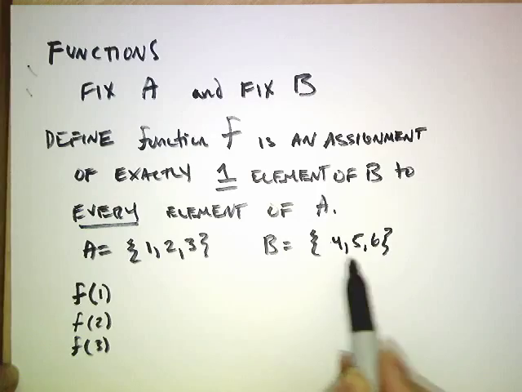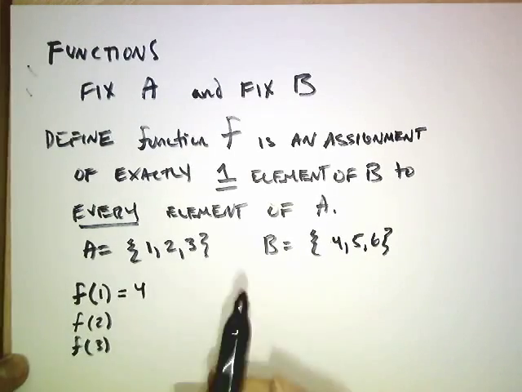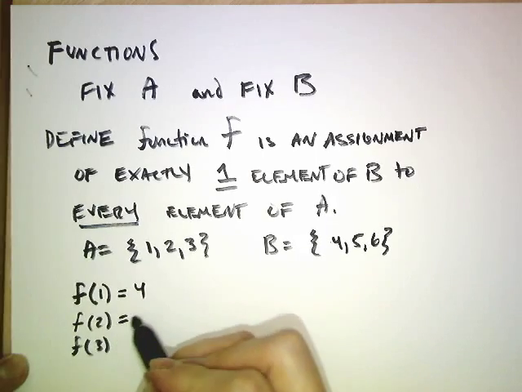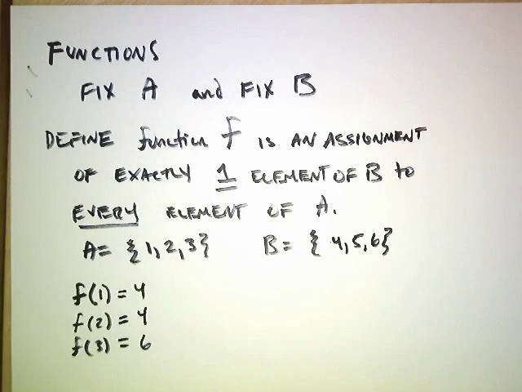So f of 1, well, we can pick any element of B that we'd like, so let's just choose 4. F of 2, let's say that that's 4 again. And f of 3, let's assign that 6. So this is a valid function, f, because it is an assignment of one element of B to every element of A. So f of 1 is 4, f of 2 is 4, f of 3 is 6.